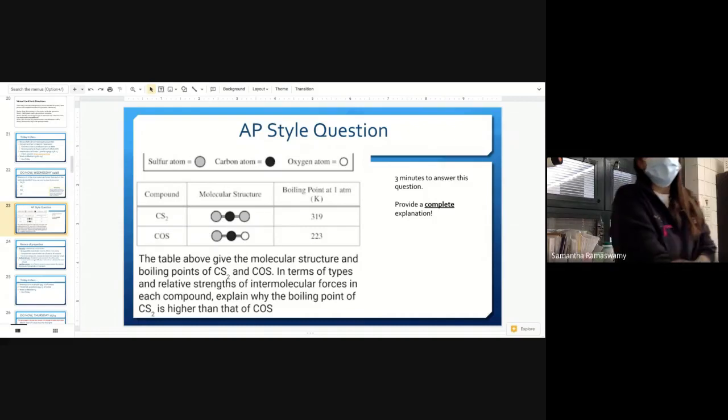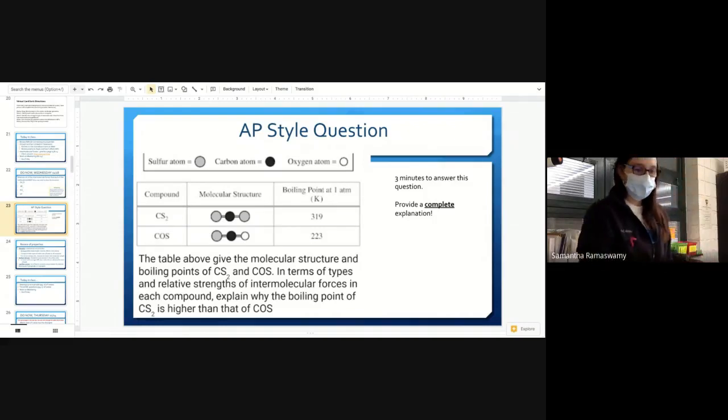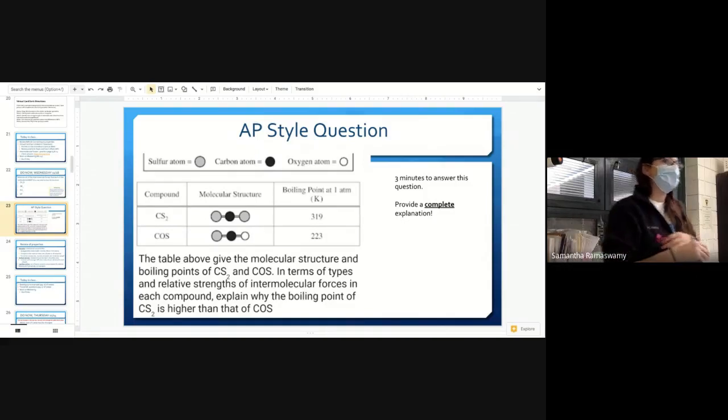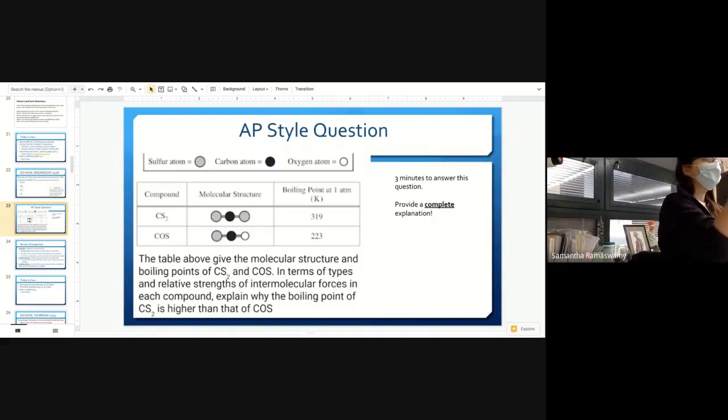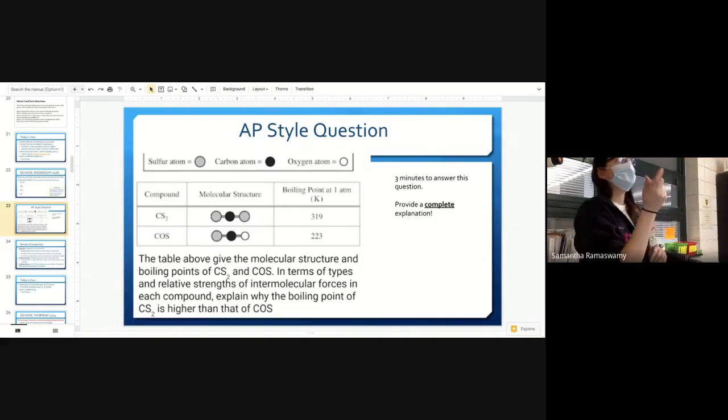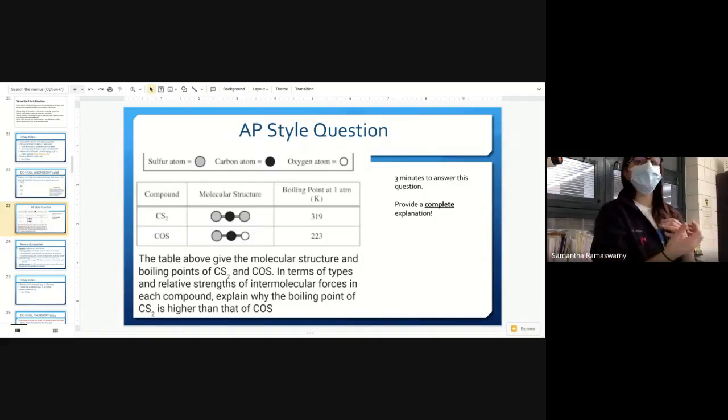So for this, they gave us this table that has CS2 and COS. They gave us the structure, and then they also gave us the boiling point. So remember, when they give you boiling point, use the data that they give you to figure out what this would mean. So in this case, they gave us CS2 and COS.